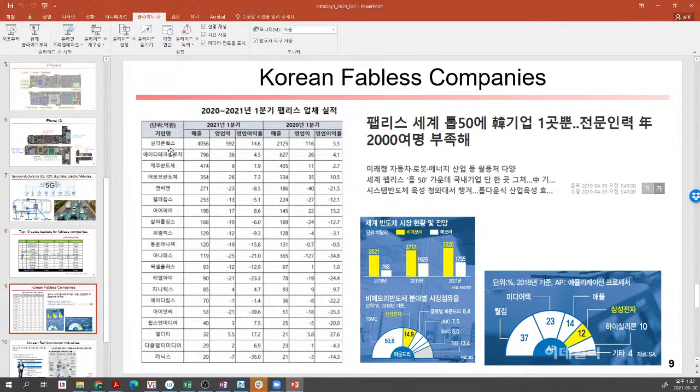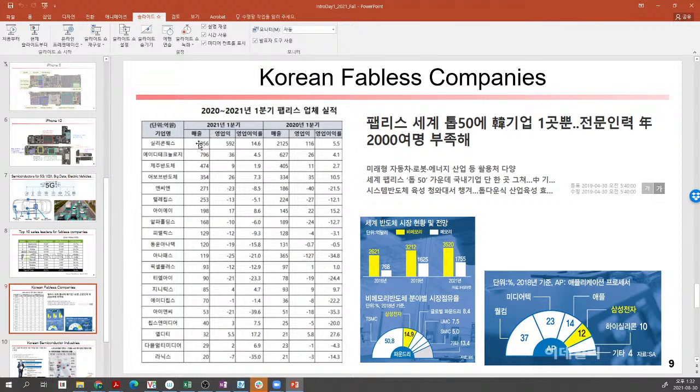They are trying to make things work in the semiconductor, especially the design company area. So they have a very large revenue in Korea.